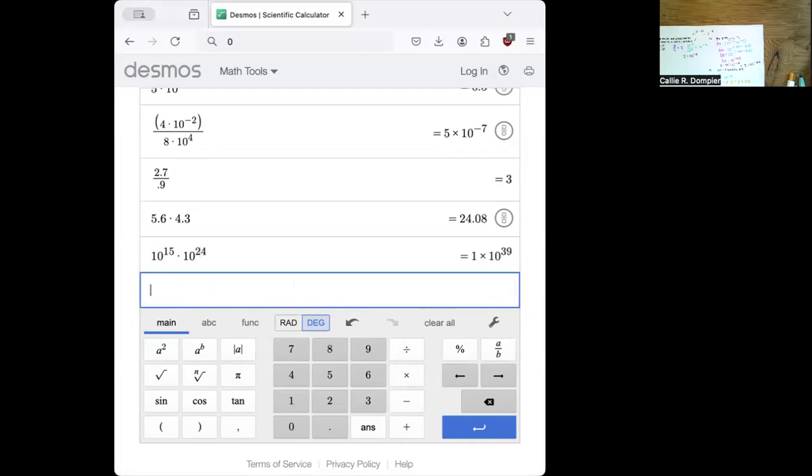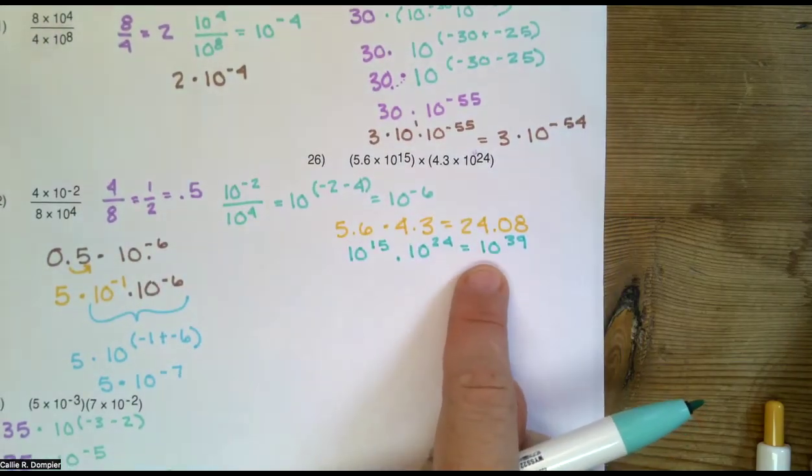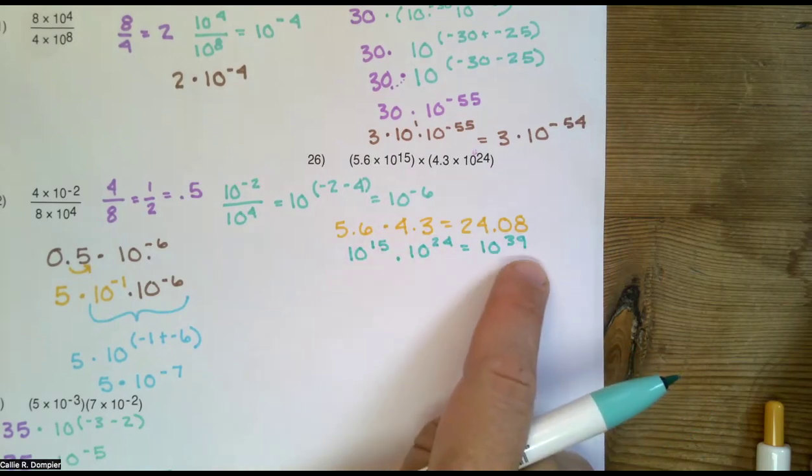It's 10 to the power of 39. How did we get that? Because we added 15 and 24 becomes 39, right?